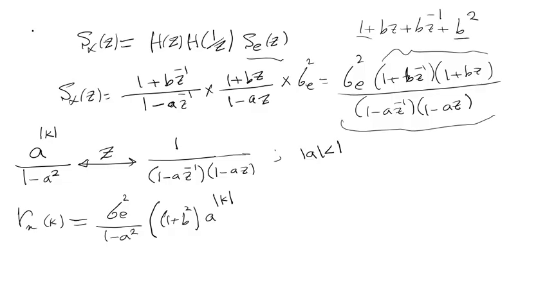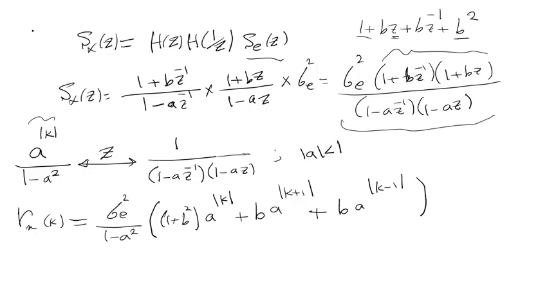I put these two terms together, and now z actually causes a time advance in the autocorrelation function. So we will have b a to the k plus 1, and finally b a to the k minus 1.